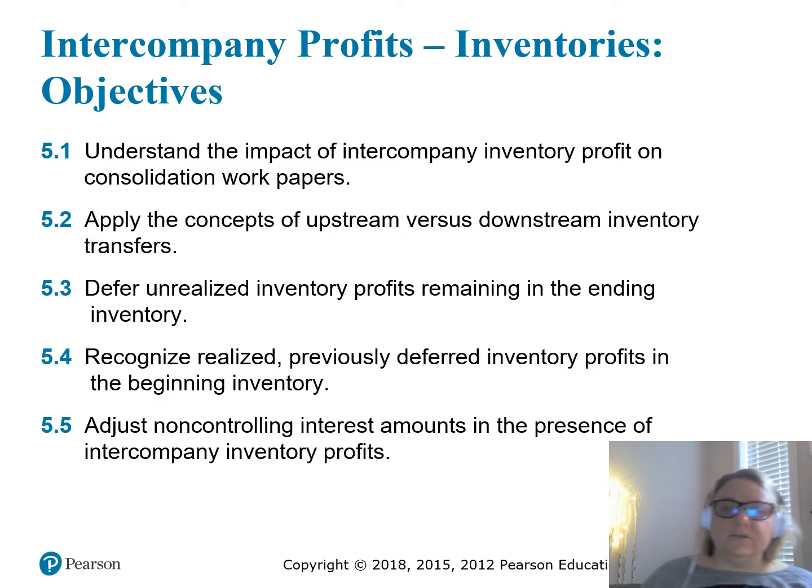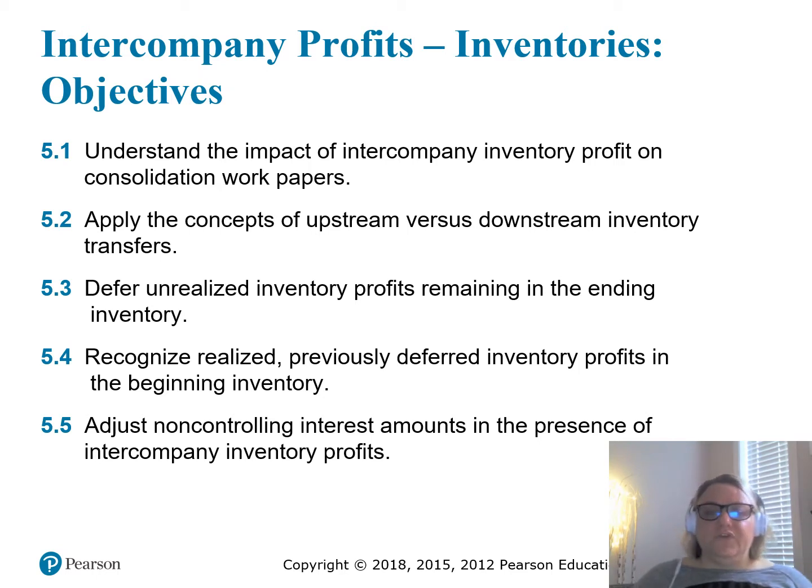Okay, so our goals for this are to understand the impact of intercompany inventory profit on consolidation work papers. We're going to start learning the concept of upstream and downstream inventory transfers, which is basically the relationship between parent and subsidiary.